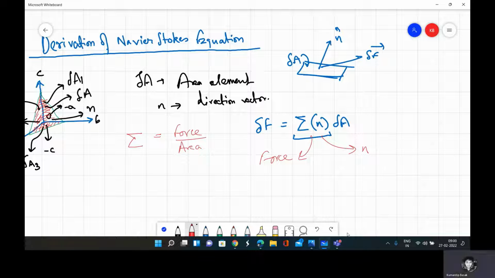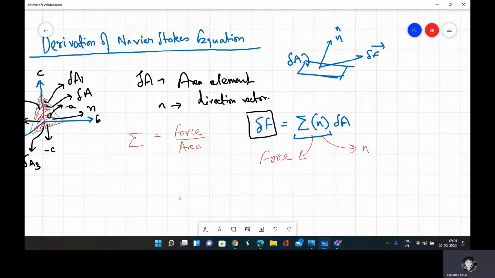So this in totality defines the force dF acting on surface dA with an area normal n, related by this stress quantity. So this is a surface force that is acting at this surface.